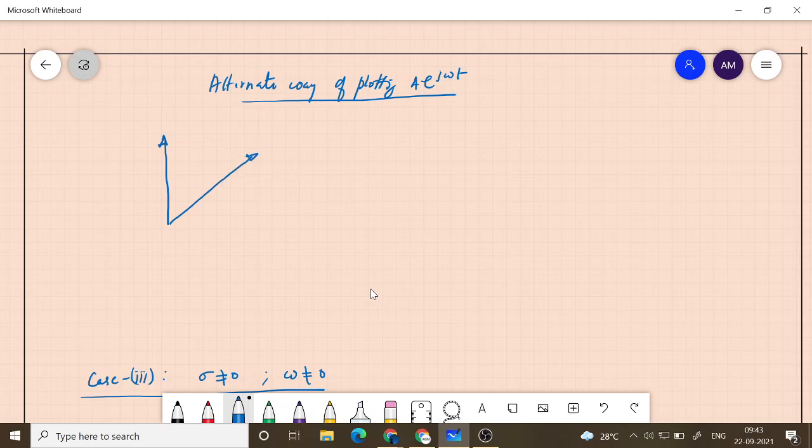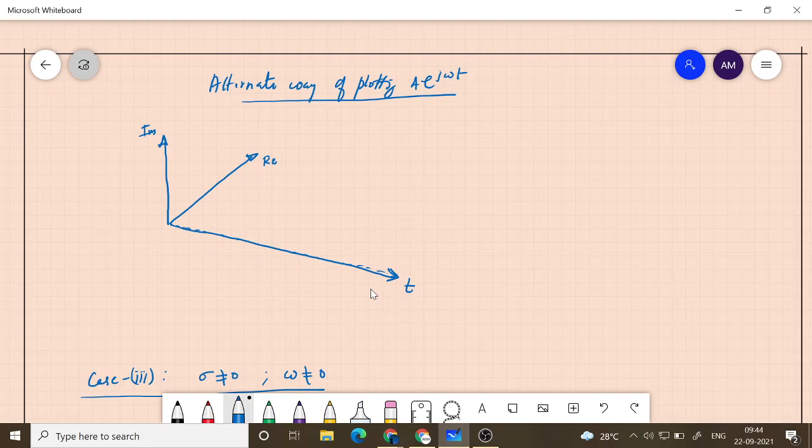This is my real axis and this is my imaginary axis, and then perpendicular to that I have, so you have to imagine this in 3D, this is my time. So I consider a 2D plane, the real and imaginary, and then perpendicular to that there is a time axis.